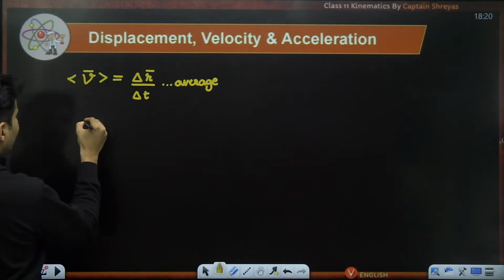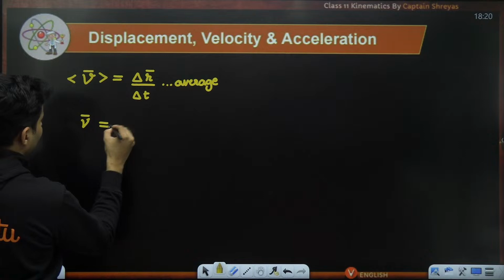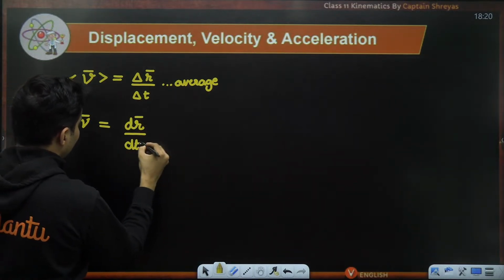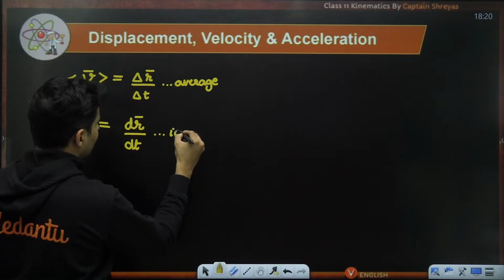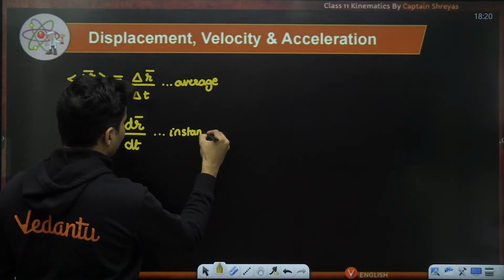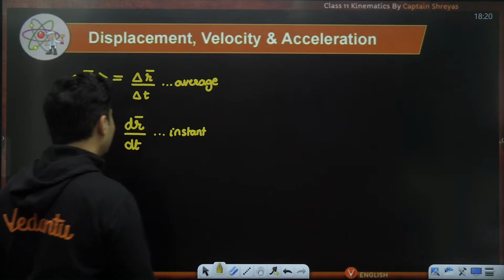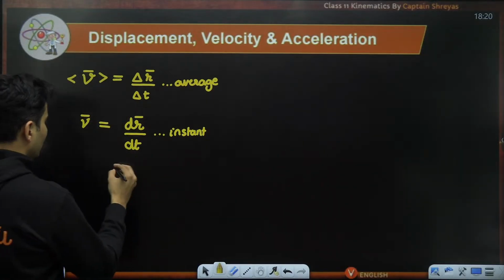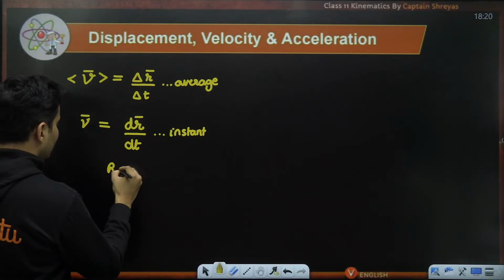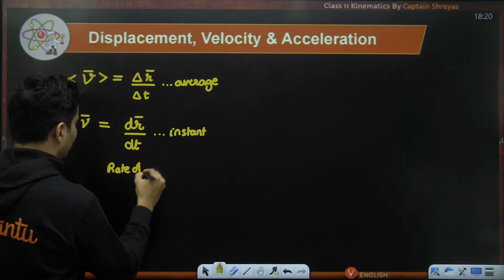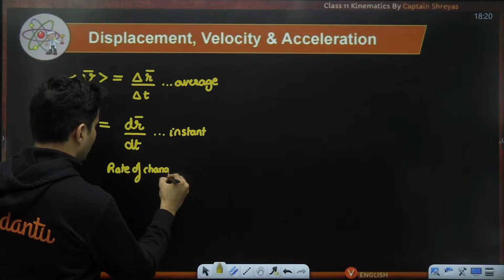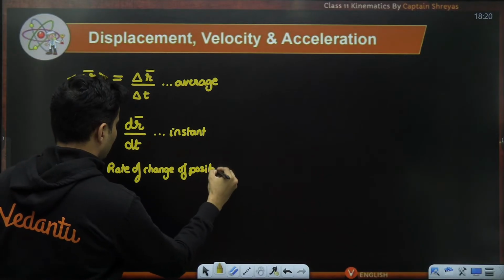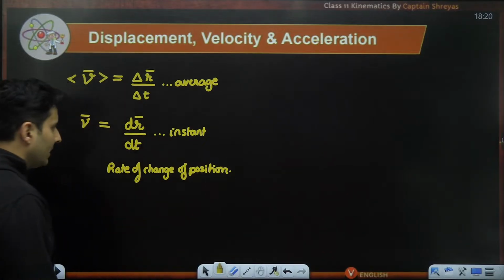So what will be instantaneous velocity? It will be a very small change in the position in a very small change in time. This will be instantaneous velocity at that point. So this is nothing but the rate of change of position. That is your velocity.